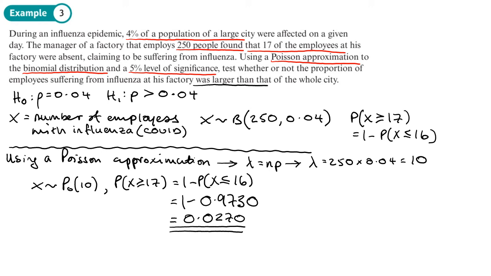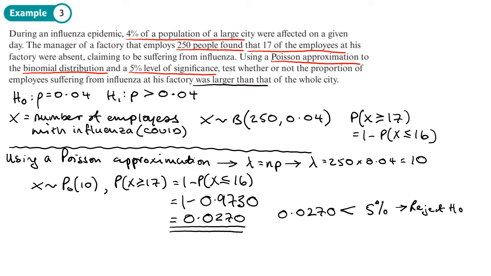Let's compare my calculated probability with the significance level, which is 5%. So that means my calculated probability is less than the significance level, which means it's low. That would cause me to reject H0.